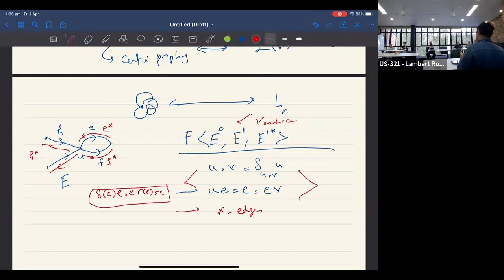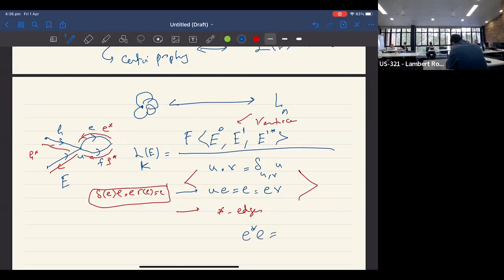Now the new relations that I put, and I get the Leavitt path algebra, and this is the notation, LE, and K meaning coefficients are coming from a field K, it's up to you, is this one. So first of all, if you travel along E star, and then you are back along E, it's as if you have not moved.